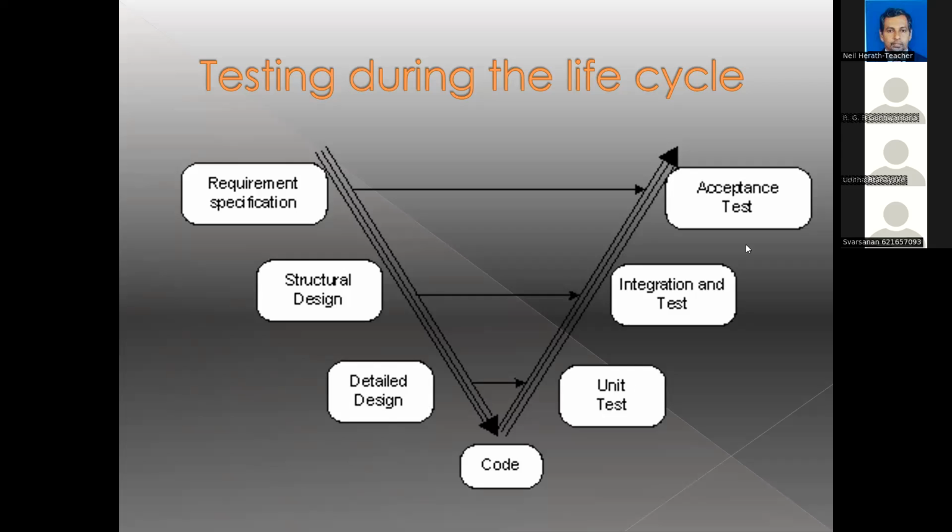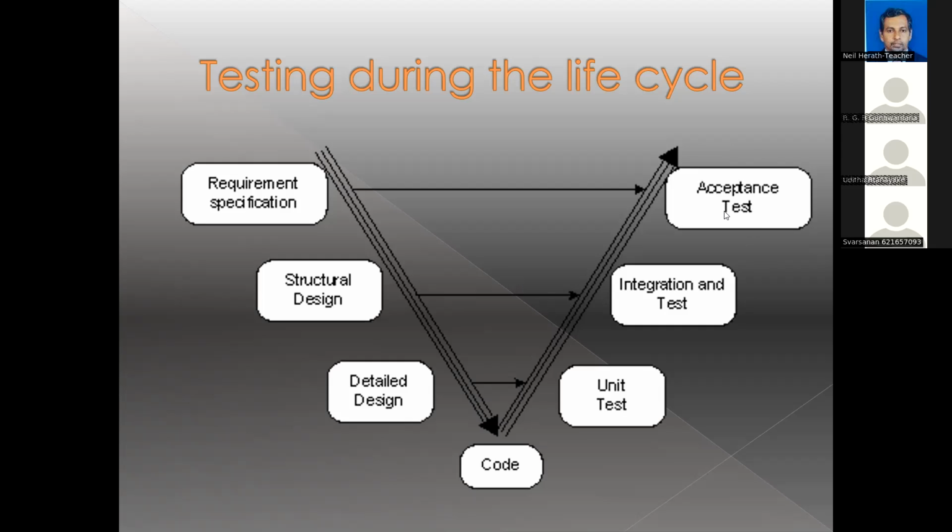And when it comes to integration test, all these small modules or units are integrated together and tested. At that time, you will be looking at whether it corresponds to the structural design. And at the end, after making the full software solution, the test you do is called the acceptance test.